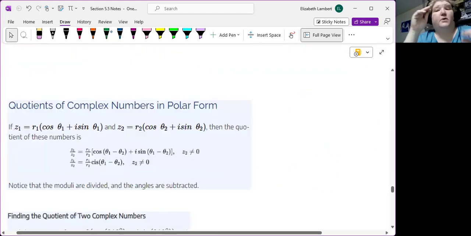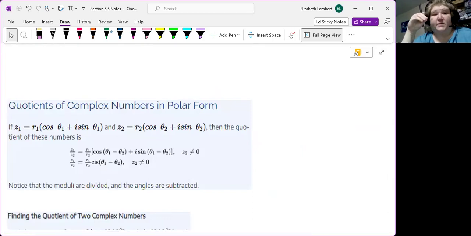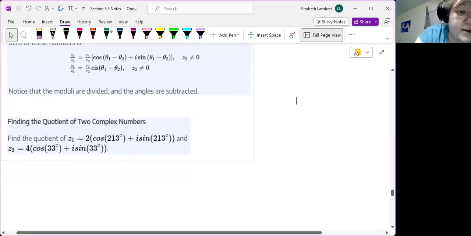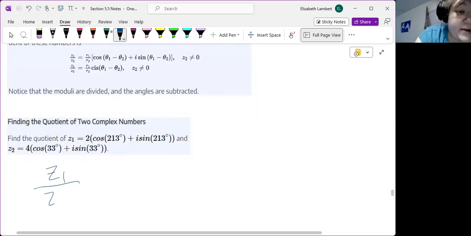Quotients. So if when we multiply, the radiuses multiply, when we divide them, the radiuses divide, and instead of the angles adding, the angles subtract. All right, so Z1 divided by Z2.